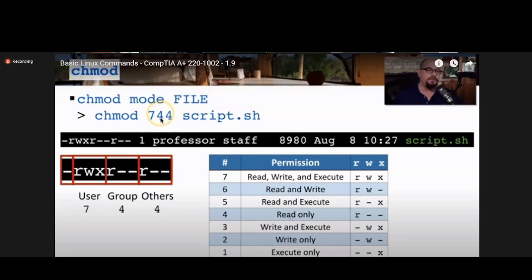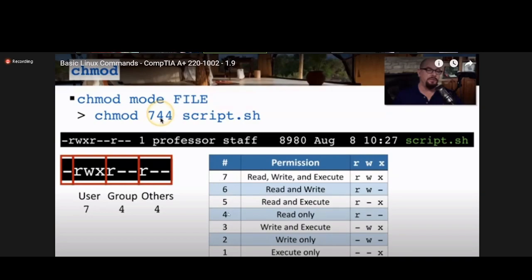If I just want to give only the read permission, then this bit is on, which is equivalent to 4. Sorry, decimal equal. So this is binary; if I convert into decimal, it is 4. And if you look here, hyphen R hyphen X, it means I have given read and execute.